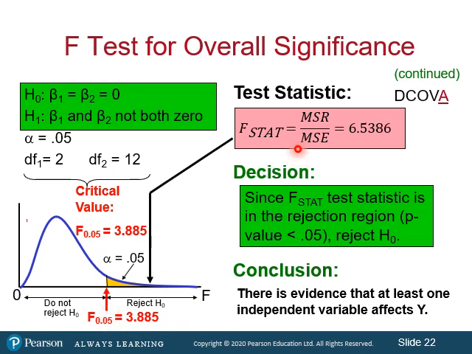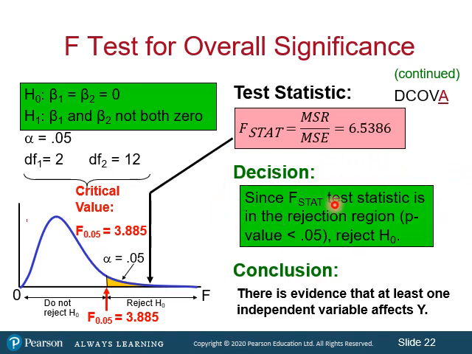If you get an F-stat which is lower than 3.885, do not reject H null. If you get an F-stat which is greater than 3.885, you will reject the H null. So that's the decision given here.